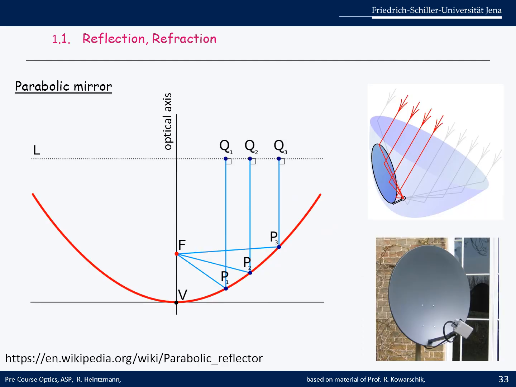Well, I also want to mention what is called the parabolic mirror, because that is in a way an ideal system to focus from infinity to the focus point. So imagine that we have light from infinitely far away. Stars could be such an example, and they would perfectly focus here to the focal point. Where do we need this? For example, in a satellite dish, we want to capture the signal of the satellite with maximum power, and we therefore want to concentrate it as well as possible on our detector, and that's why such a parabolic form is used.